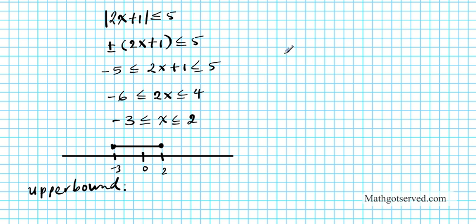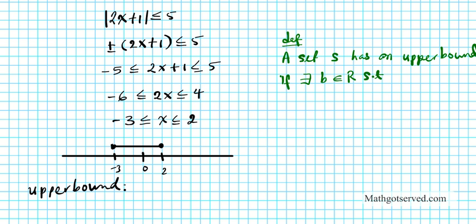A set S has an upper bound, or is bounded above, if there exists a B in R such that for all x in S, x is less than or equal to B.